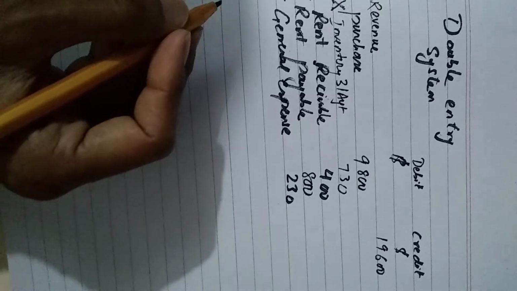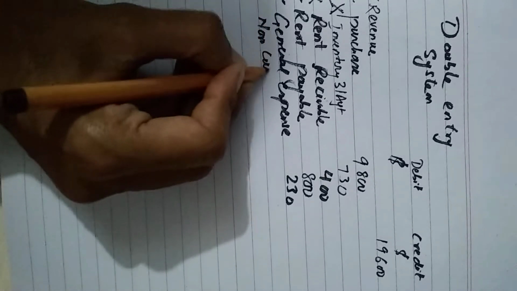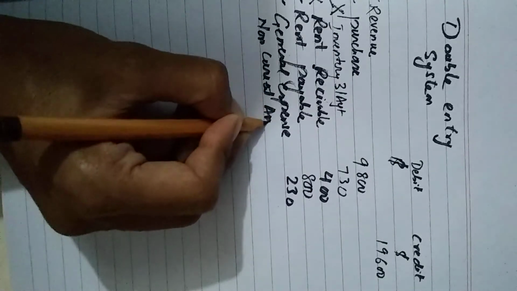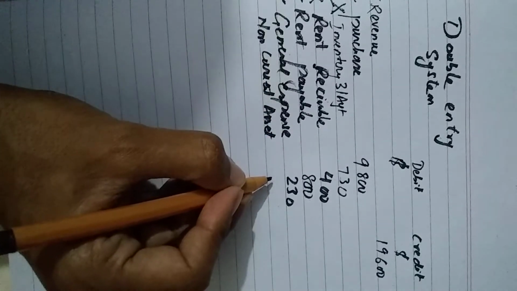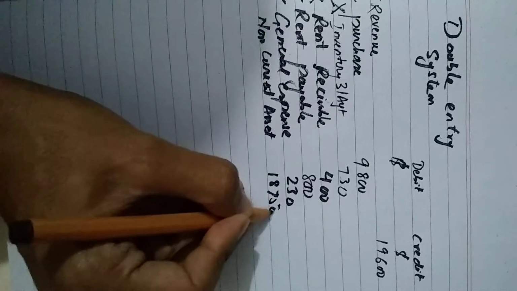Non-current assets and current assets are always recorded on the debit side, so it is correct.